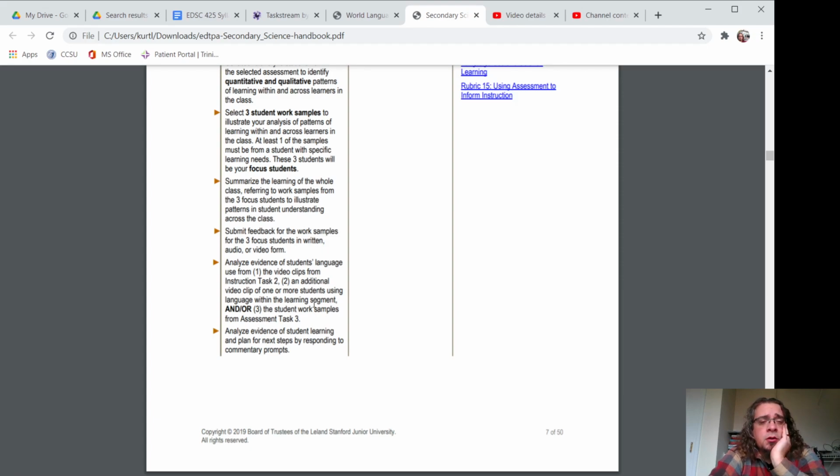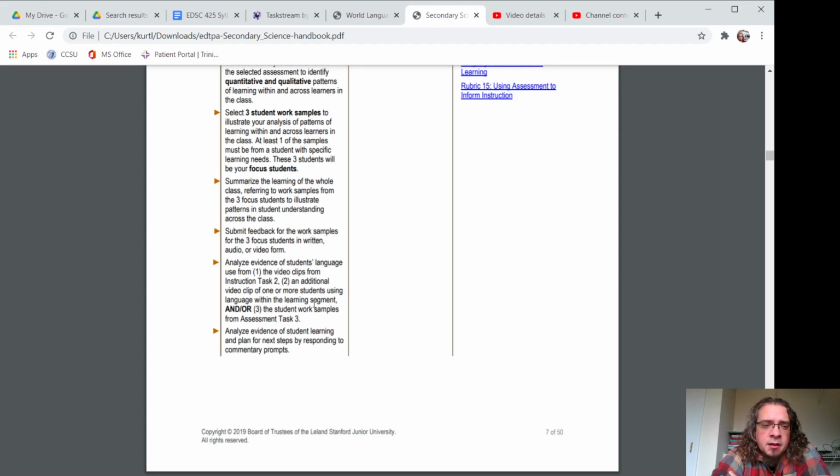You can do all 3, you can do 1 or 2, but you've got to at least do 1. So the idea is that you're looking at students' use of language. Obviously, the content itself: how well are they using it, how appropriately, how accurately, what's missing, are there misconceptions tied to it, etc. So it's just you analyzing their use of language, right? And that's your evidence.